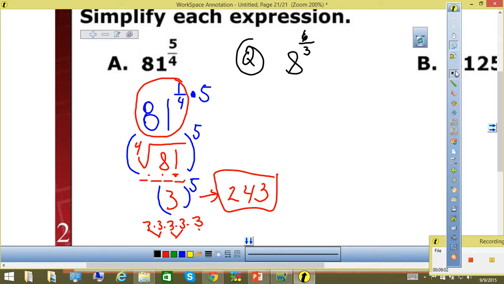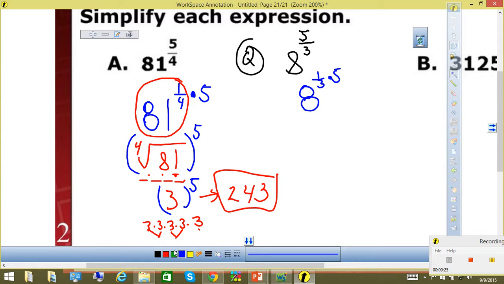Actually, let's make it 5/3, sorry. 5/3. Copy that and see if you can do that by yourself. Go. Okay, help me rewrite this, please. Boss, what do I write? Times 5. Hands up if you did that.